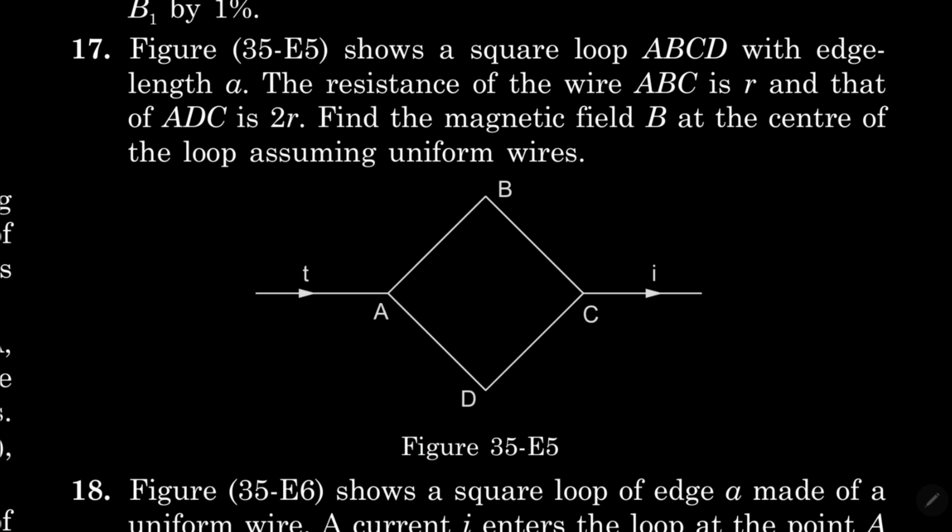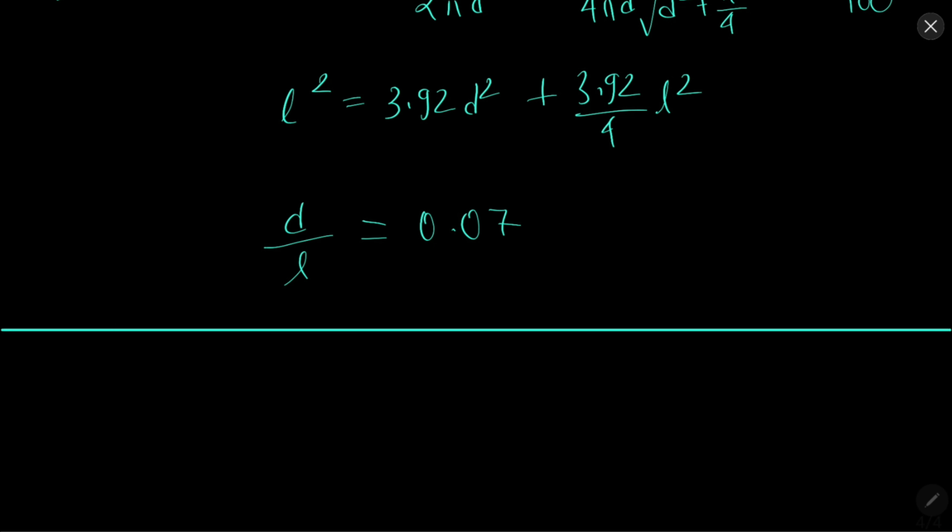In 17, find the magnetic field B at the center of the loop assuming uniform wires. Solution 17.